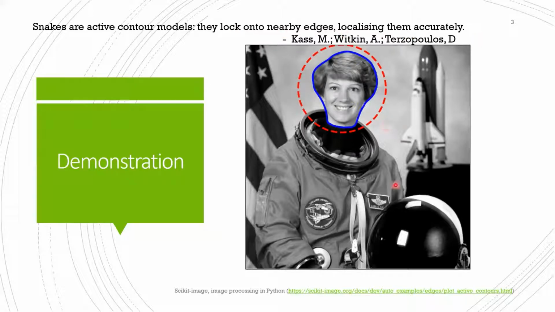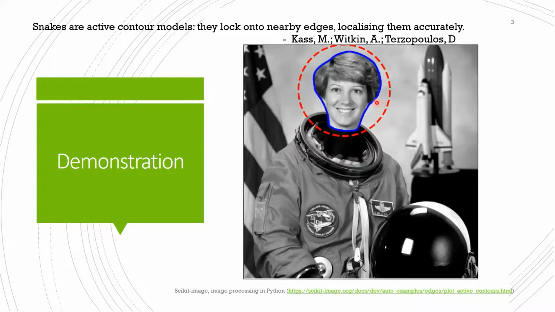This code is there in the Python scikit-image page. I have taken the code from there, but I have also added my own code to show an animation of how the snake is moving from this red initialization, and then it is actually localizing to the border of the target.